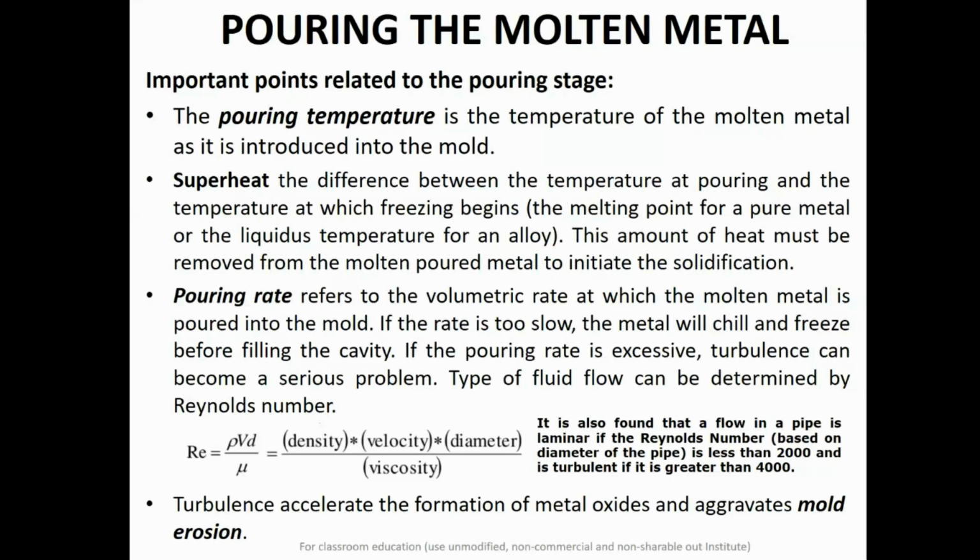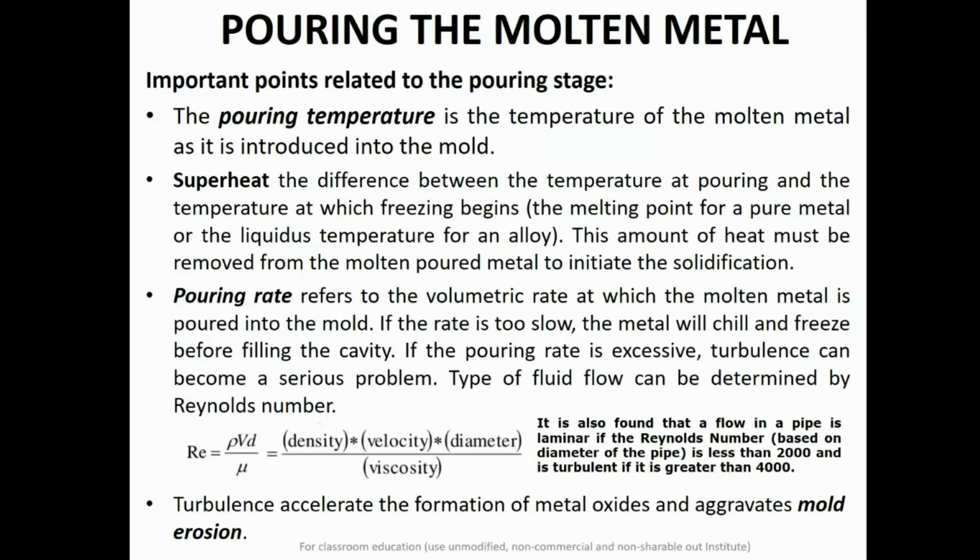That turbulence is inside any fluid flow. You know that turbulence is basically an abrupt change in the direction and the velocity of the fluid. So it results in the trapping of atmospheric gases inside the molten metal, which results in the corrosion and oxidation of metal.